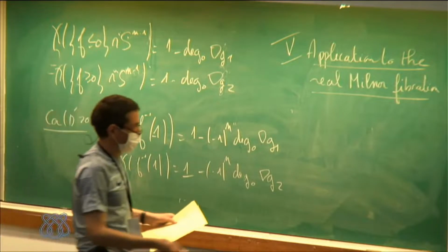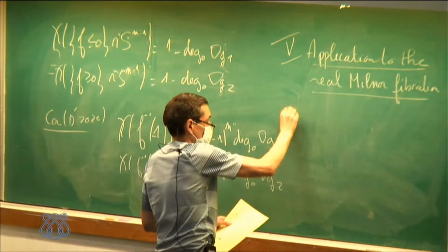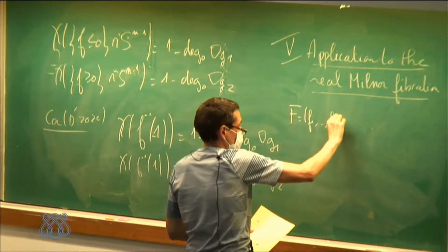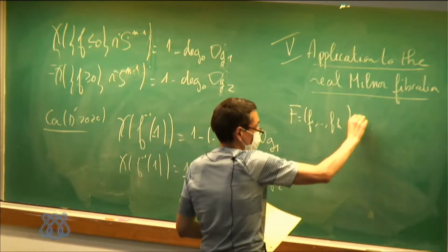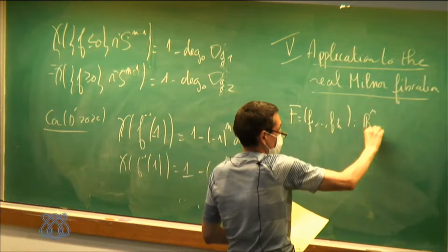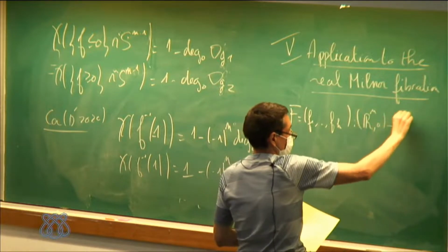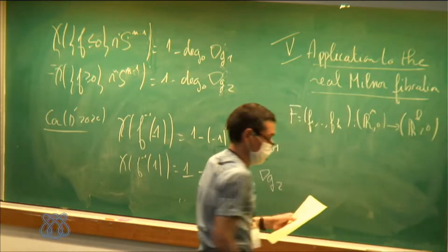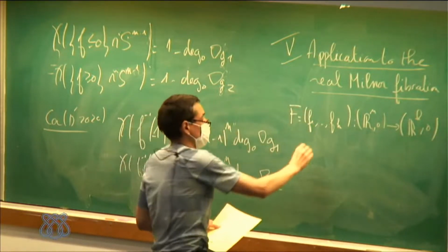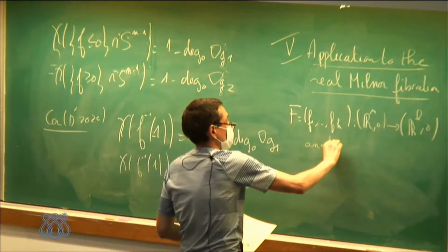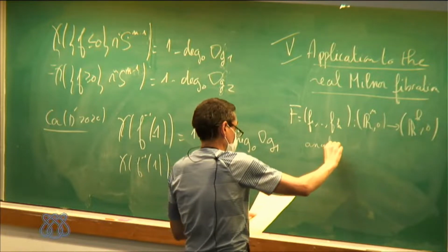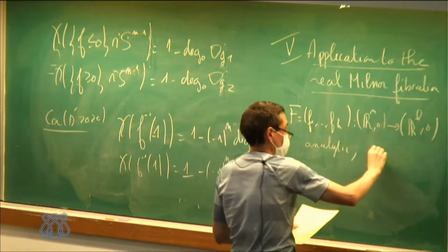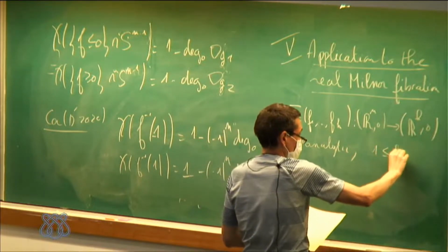What is the situation? I take a capital F = (f1, ..., fk), an analytic map, a germ of analytic map. And I assume that k is between 1 and n-1.